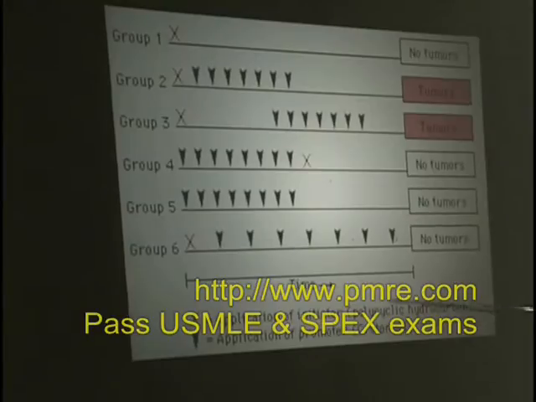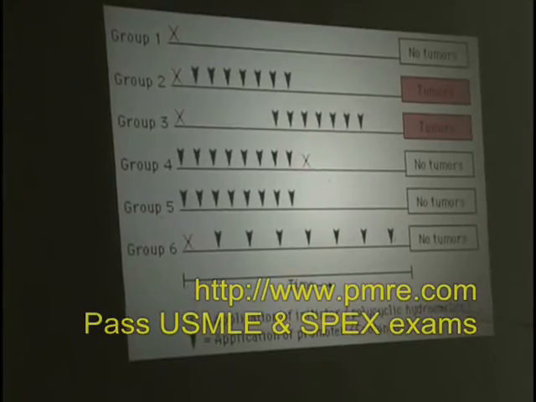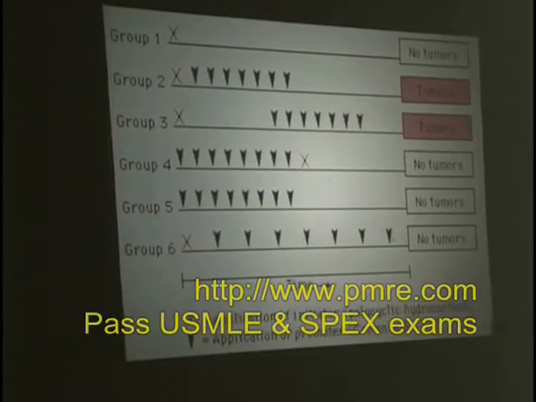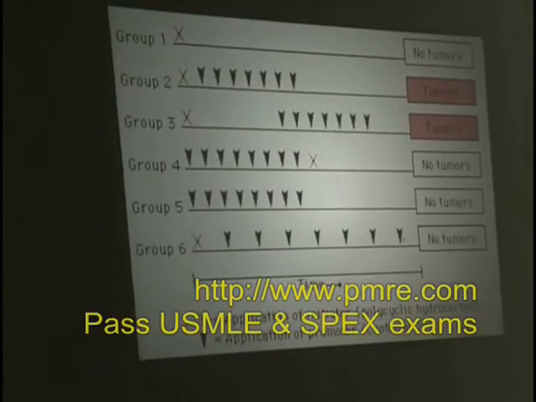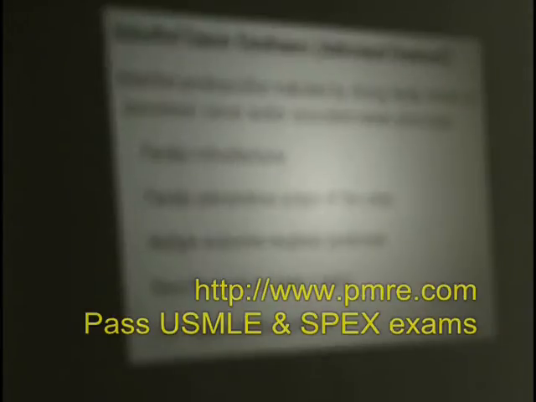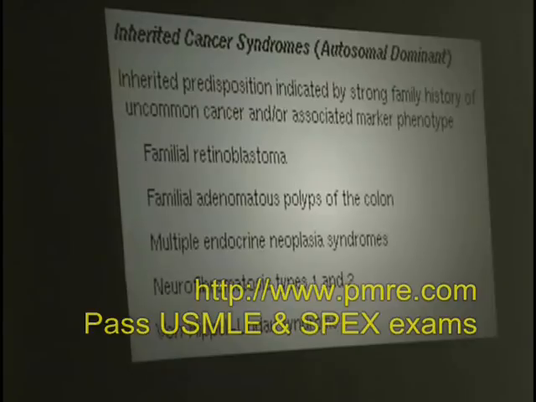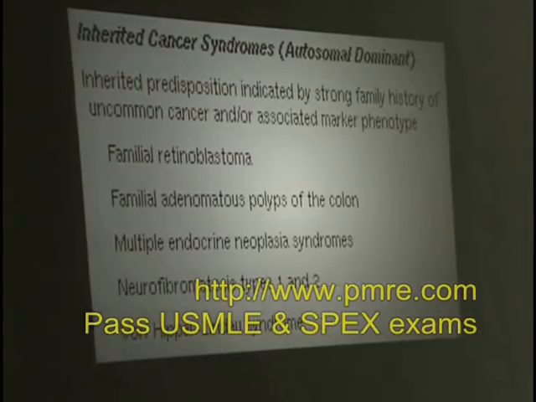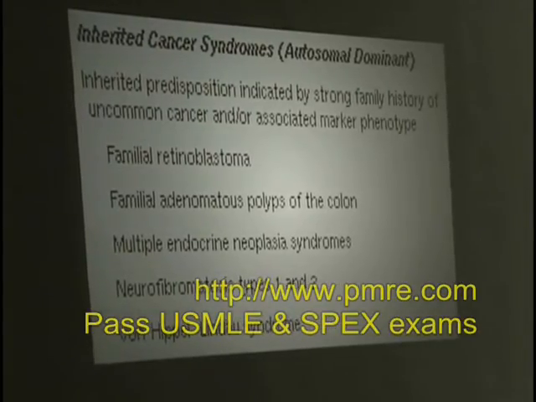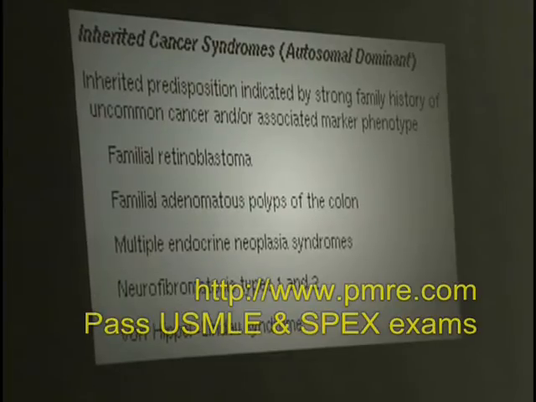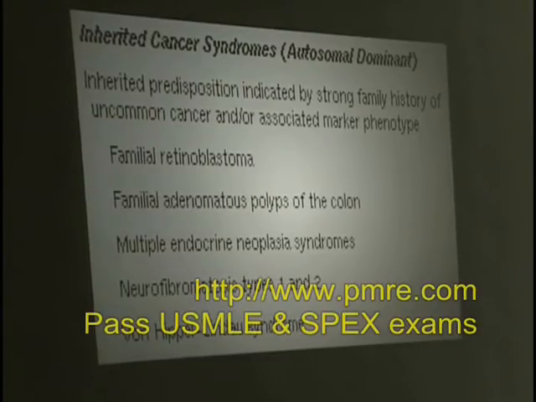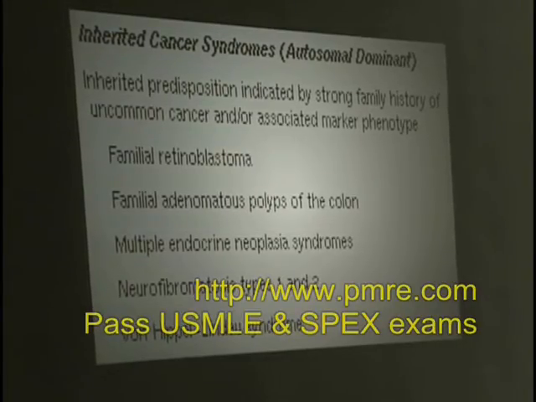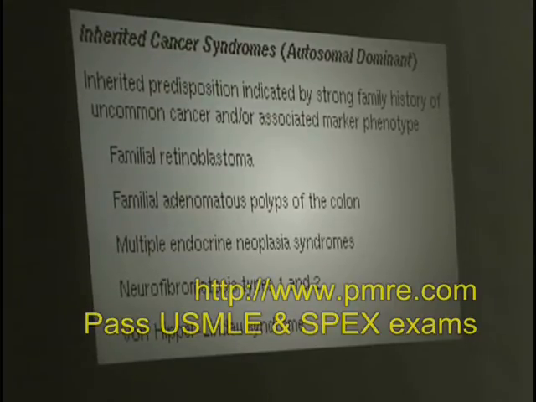This one, classically, the initiator here happens to be a polycyclic hydrocarbon, and the promoter is croton oil. I'm not going to spend longer on that, but you should be aware that there are certain substances that have been identified as initiating the change in the genetic code of the cell, and then promoters which initiate the actual growth of those altered cells.